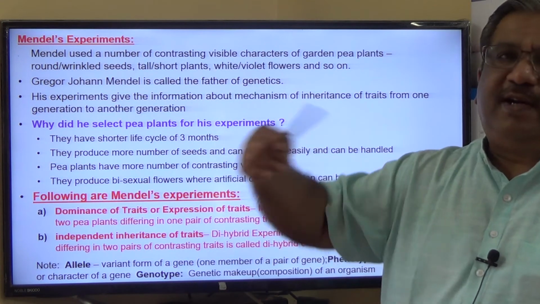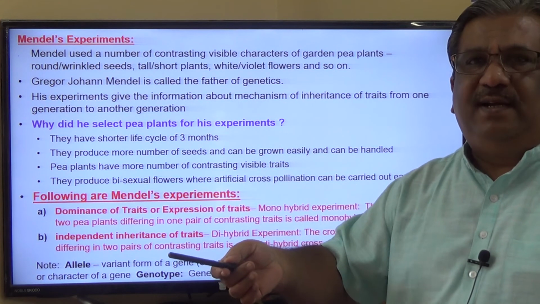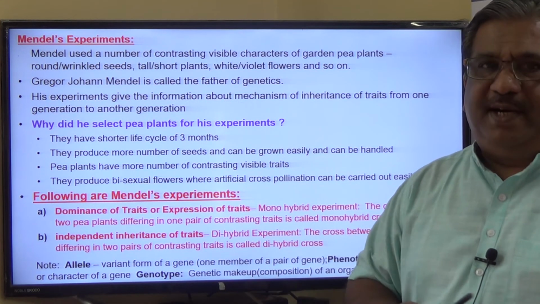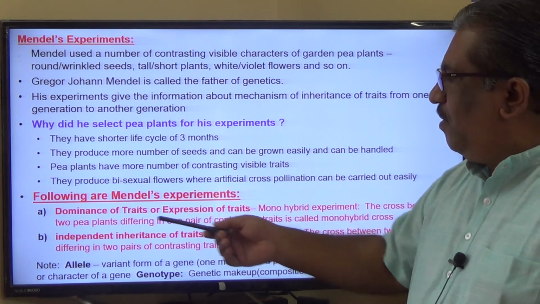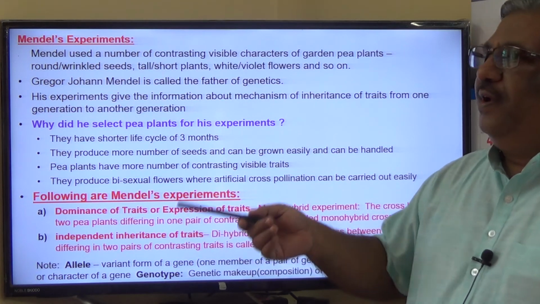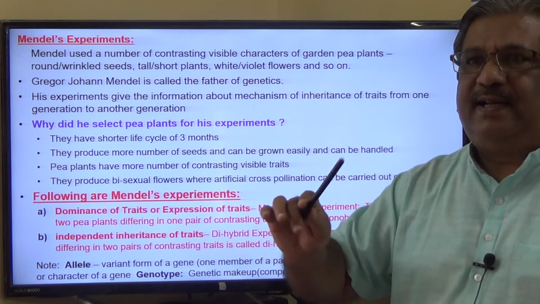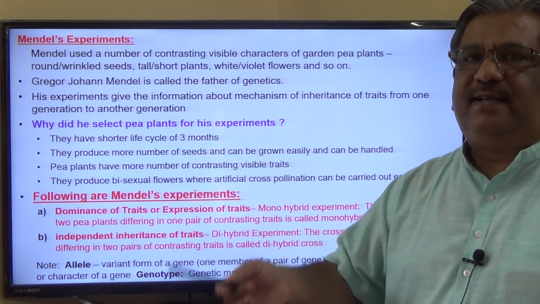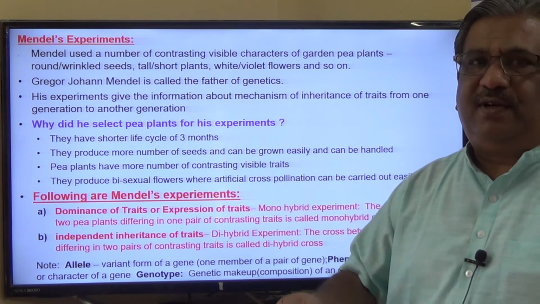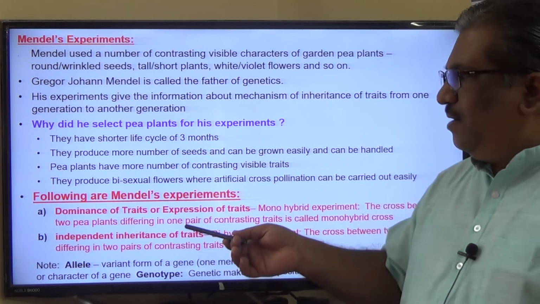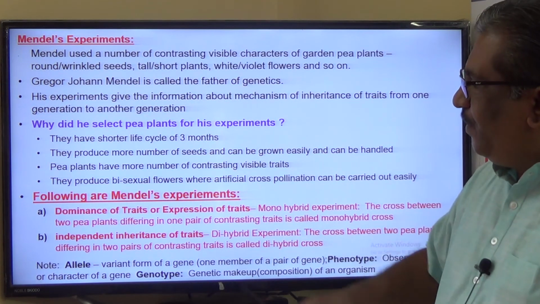If we observe shortness in more number of plants, then we can say shortness is the dominant trait. So dominant or expression of the trait means the characteristic that has got expressed, the characteristic that becomes the visible feature of a particular organism, here with respect to plant you can say.